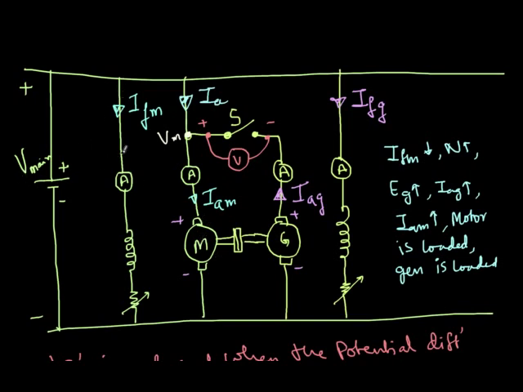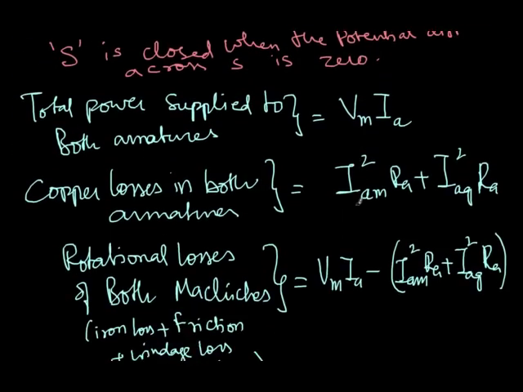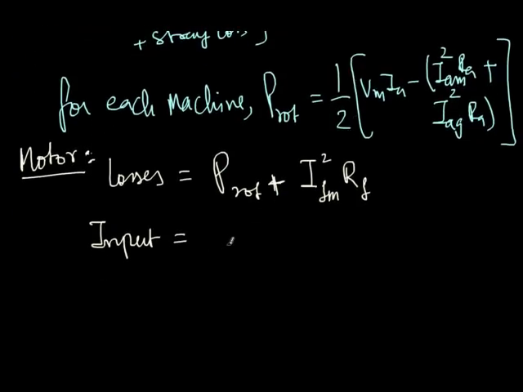Similarly, Vm into IFM is the total input going into the field of the motor. So total input going to the motor is nothing but Vm IAM plus Vm IFM.